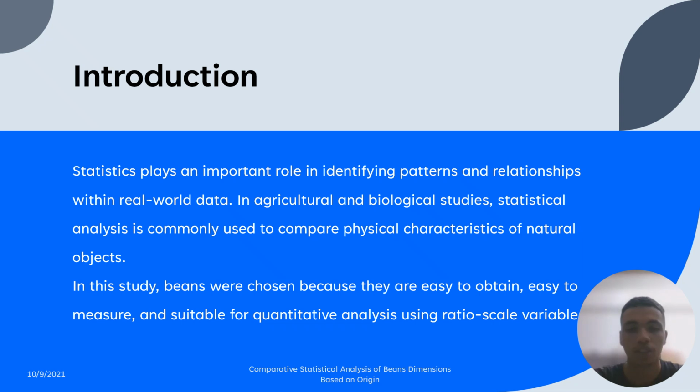Okay, let's start. As an introduction, statistics plays an important role in identifying patterns and relationships within real-world data. For example, in agriculture and biological studies, statistical analysis is commonly used to compare physical characteristics of natural objects.